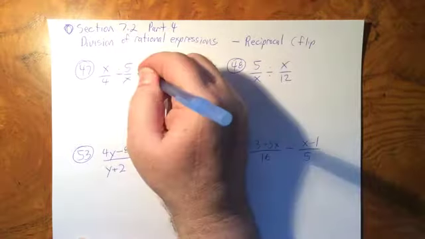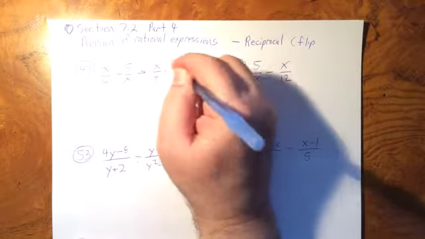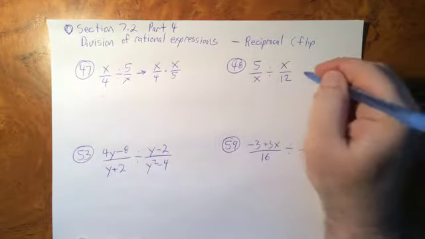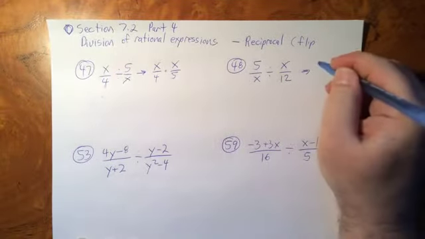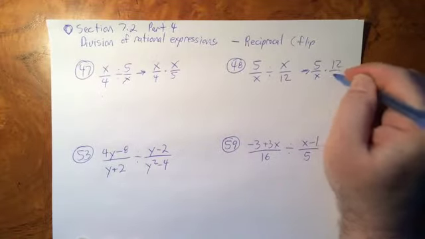So when I flip this, I'm going to get x over 4 times x over 5. Next, here I'm going to get 5 over x times 12 over x.